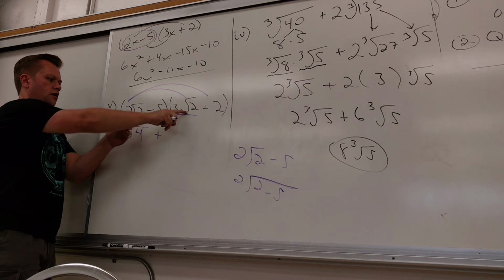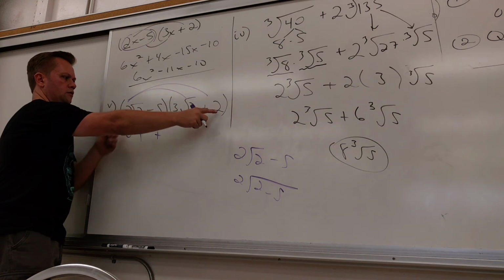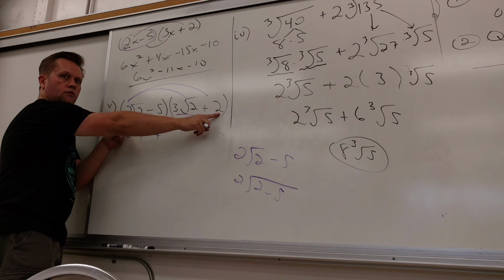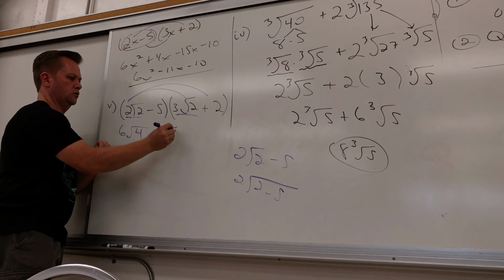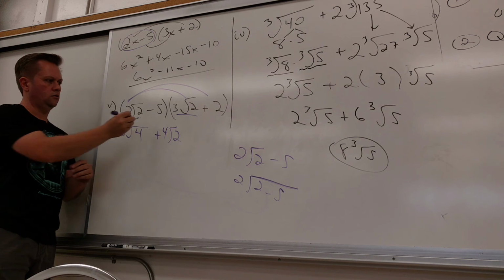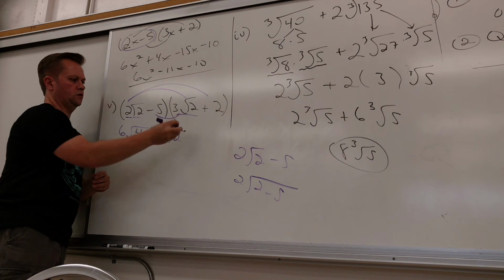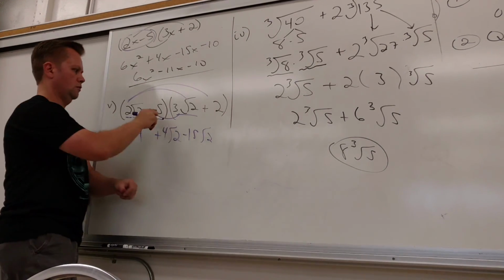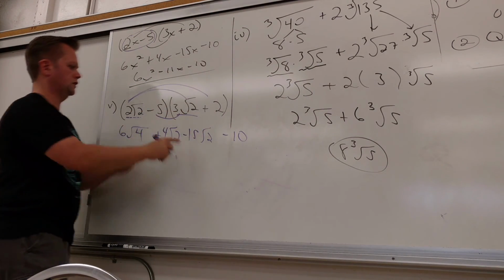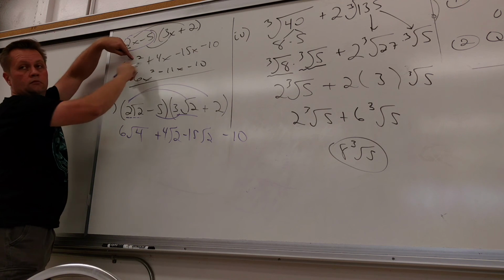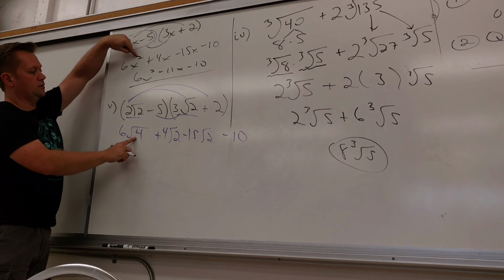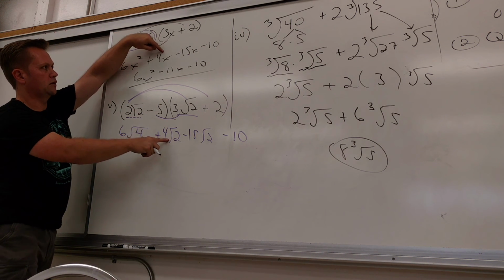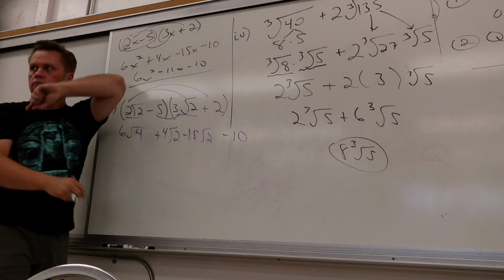So I got there, plus 4 square root of 2, good, minus 15 square root of 2, minus 10. You see how that's the same? 6 times the thing squared, plus 4 times the thing, minus 15 times the thing, minus 10.